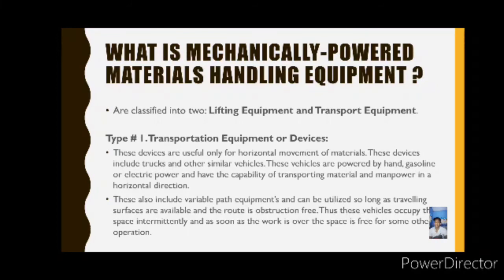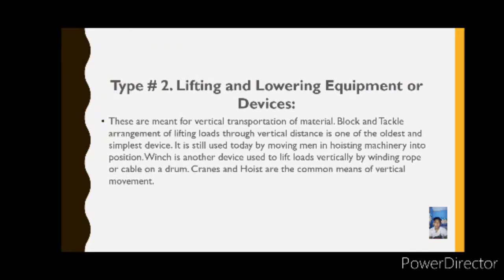This also includes variable path equipment and can be utilized so long as traveling surfaces are available and the road is obstruction free. Thus, this vehicle occupies the space intermittently, and as soon as the work is over, the space is free for some other operation.